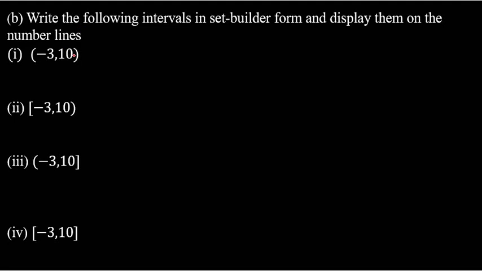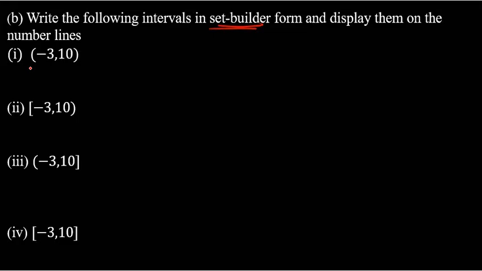So if you look at these ones that say write the following intervals in set builder form and display them on the number line. So what are they looking for? They're asking us to write this in set builder form, right? So if you look at -3 and 10, they are both not included.